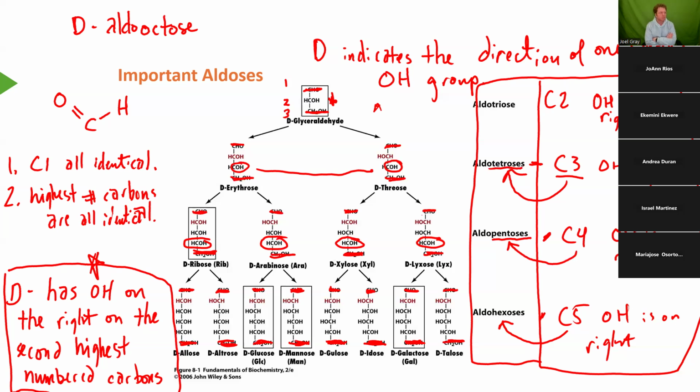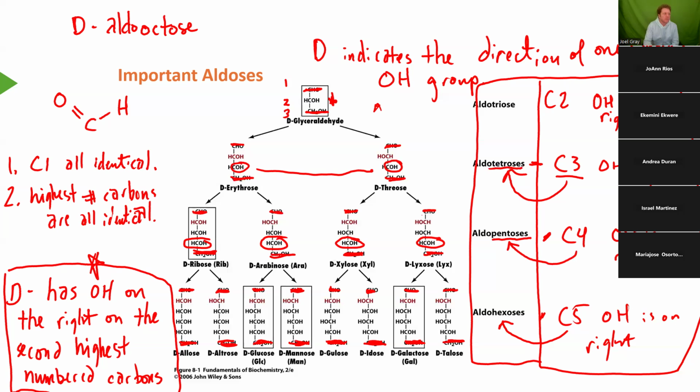Yeah. Now, my last question is, which carbon number can we definitively and conclusively say has an OH on the right-hand side in this D-aldo octose? Carbon number 7.